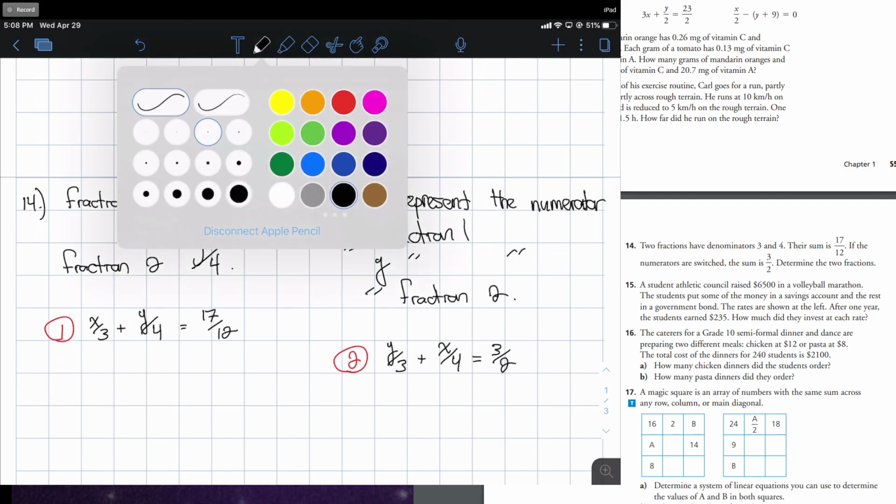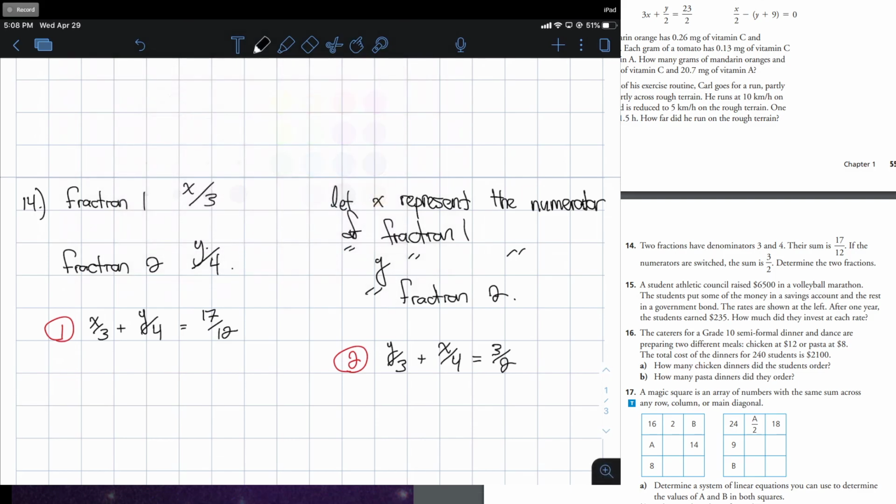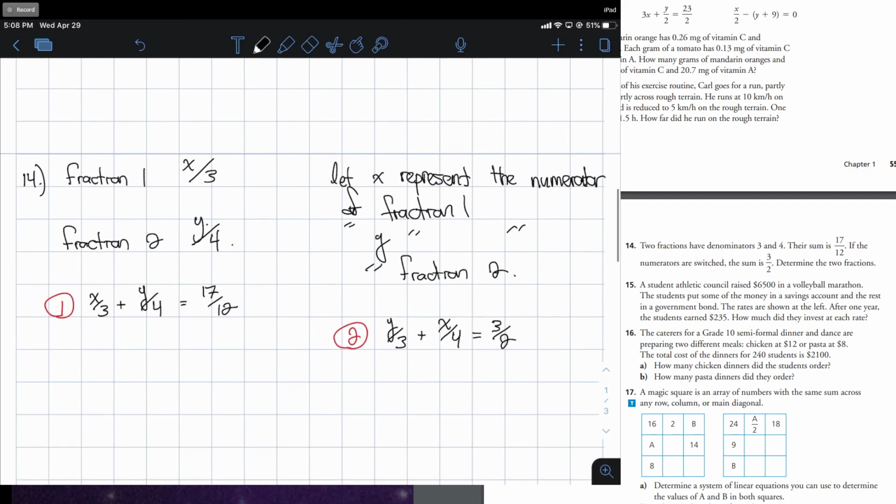Now again, because we're adding fractions, the first thing that we should try to think about is finding a common denominator, okay? So let's start with equation 1 here, and let's just try to find a common denominator. So it's pretty clear that the lowest common multiple of 3 and 4 will be 12.